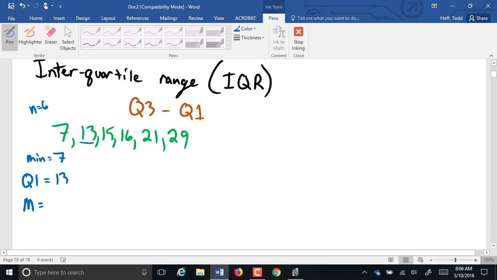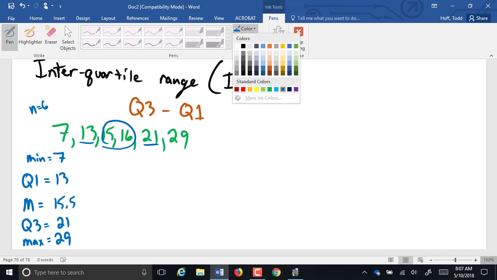The median, or quartile 2, 6 times 0.5 is 3, since that's a whole number, that means between the third and the fourth, right? Between 15 and 16, that's 15.5. Quartile 3, 6 times 0.75 is 4.5, rounds up to the fifth, 21. The max, 29.